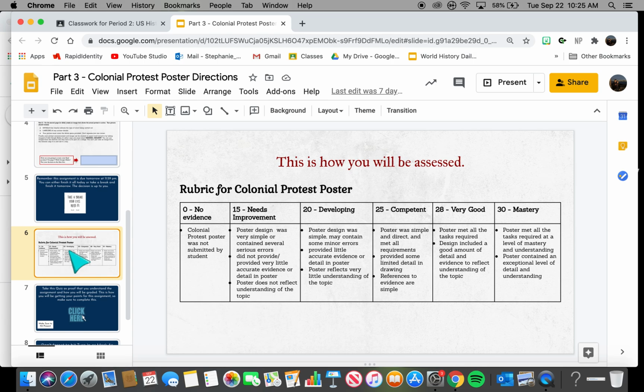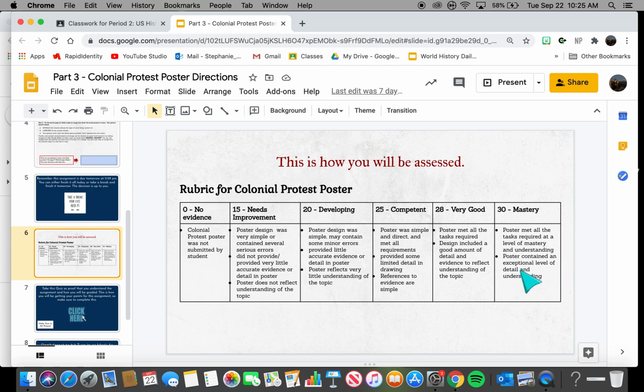So this is how you will be assessed. It shows you the rubric of how this will be graded, so you might want to take a look at this. I'm just going to go over the first one and the last one. If you get a 0, it's because you have no evidence. The colonial protest poster was not submitted by the student. This means that I didn't get anything; you didn't turn in anything. And 30, obviously, is the poster met all tasks required at this level of mastery and understanding.